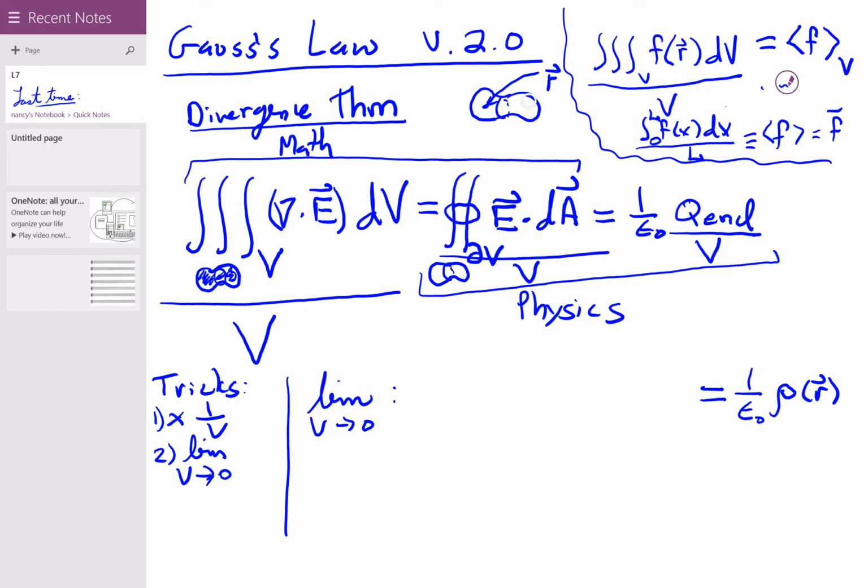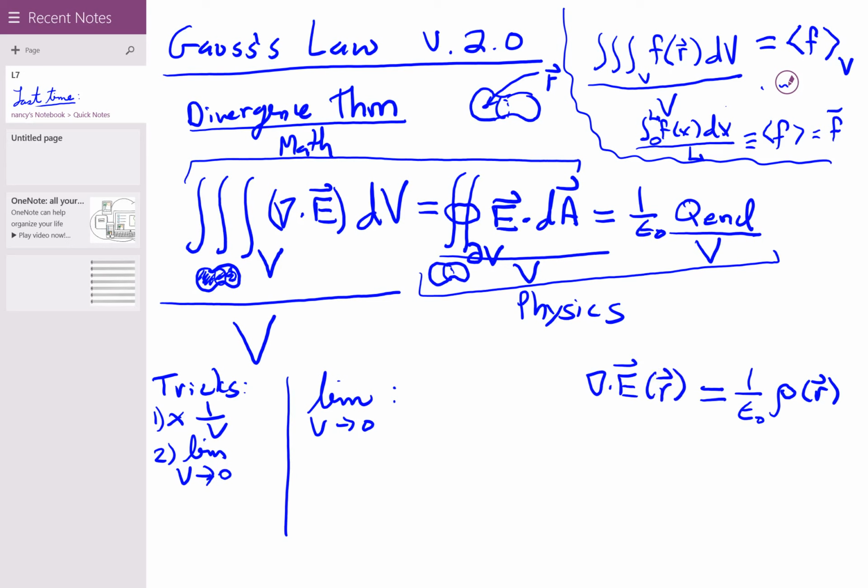Well, just like with density, as I'm shrinking this average value down to this point, eventually I'm just averaging together all the stuff that's at that point. I just get the value at that point when I come to the final limit. So this is actually equal to the divergence of the electric field at that same point, R, to which I'm shrinking down my volume.